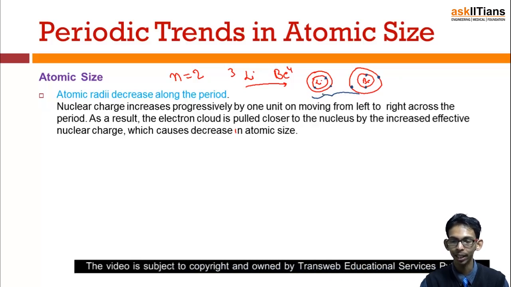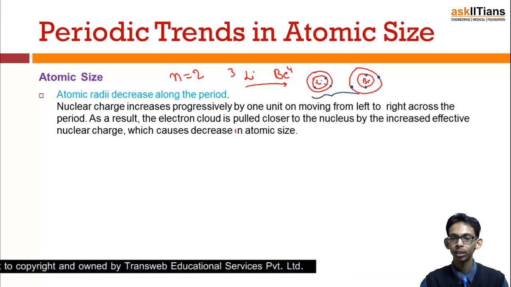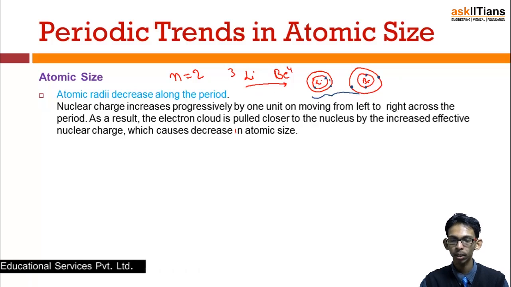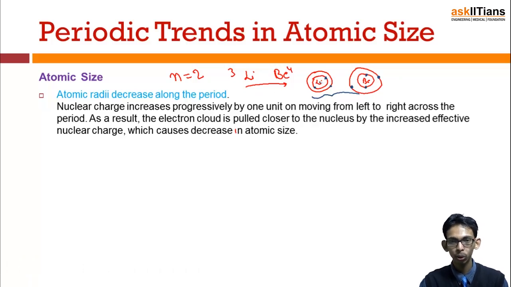But the problem is that in lithium there were 2 shells, and those shells were attracted by the protons present in the nucleus. The atomic number is 3, so there were 3 protons and 3 electrons in the lithium atom.